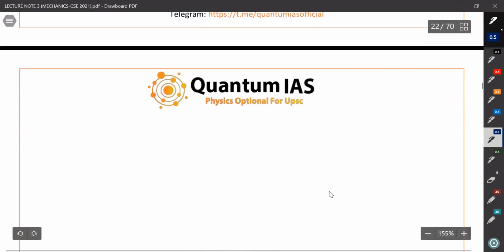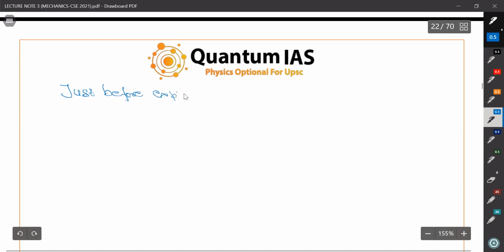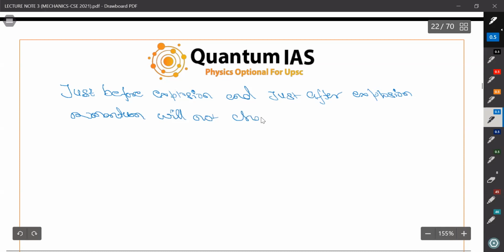If you are unable to find this, you have to see the impulsive force, because I have discussed impulsive force. So what we can do: just before explosion and just after explosion, momentum will not change much.